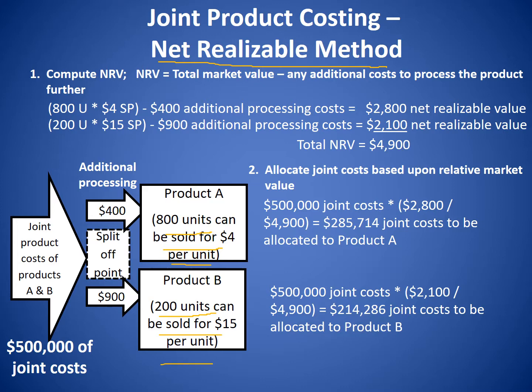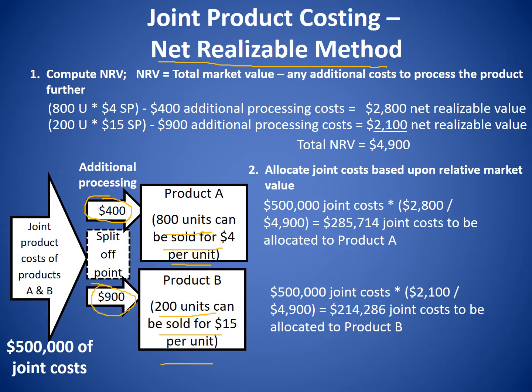But what we do now is we also subtract out any cost associated with additional processing of the product. In the case of product A, as we split the product off, product A will be subject to additional processing costs of $400. Product B is going to be subject to additional processing costs of $900.